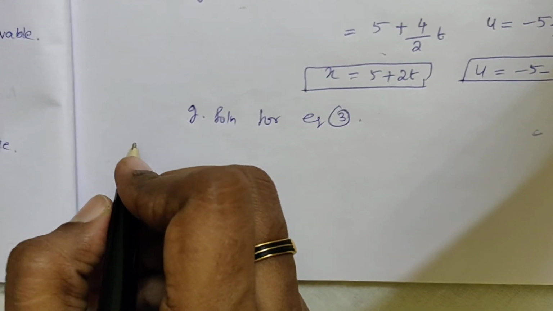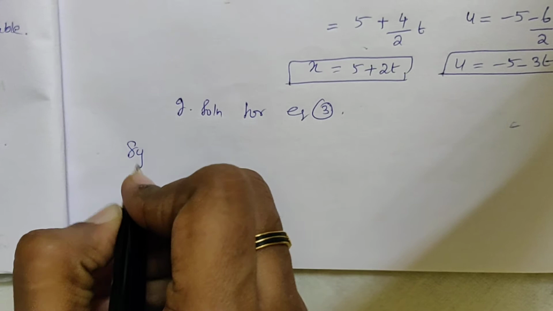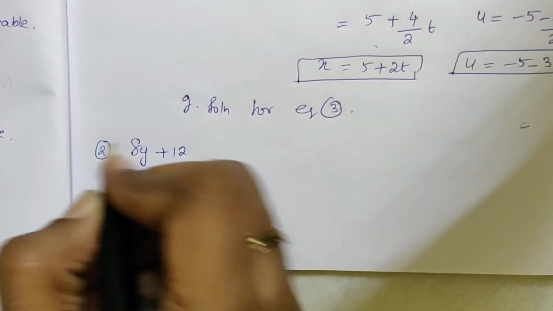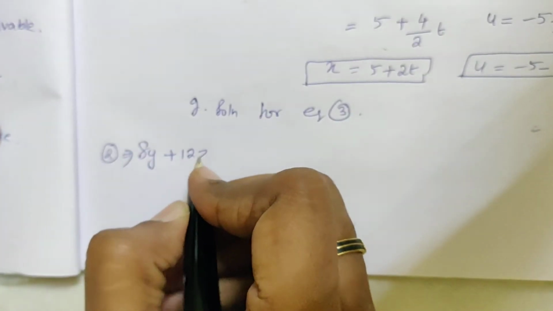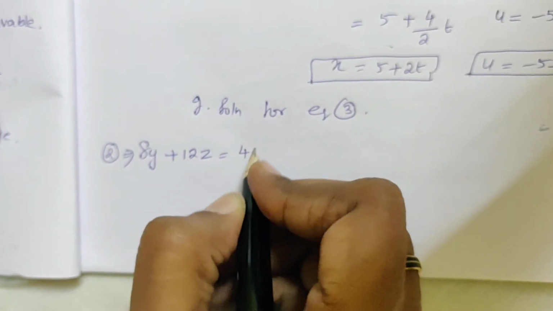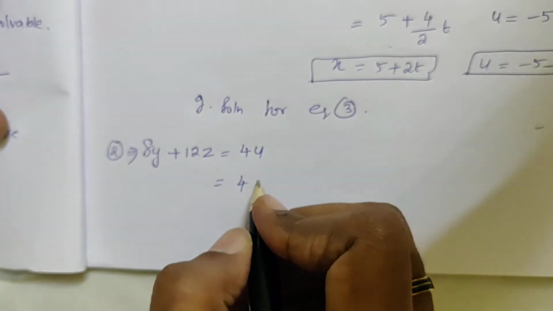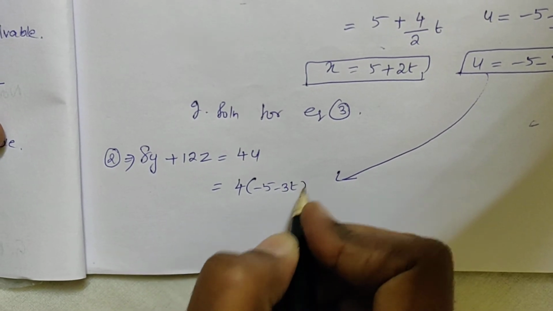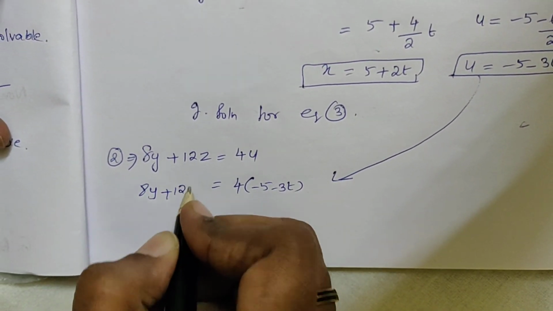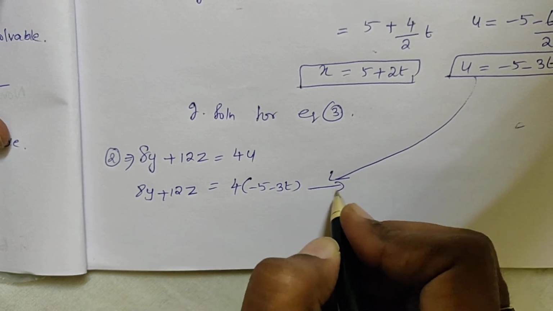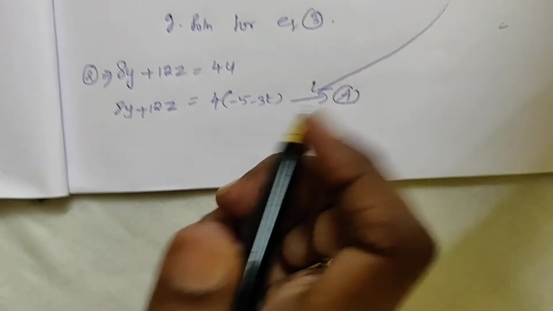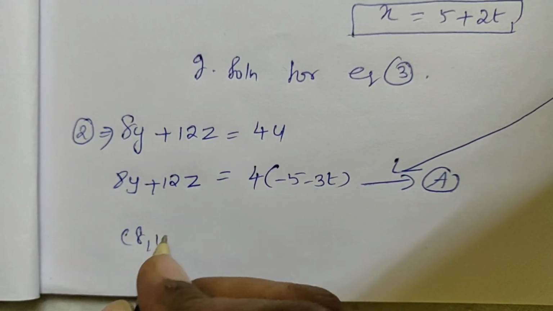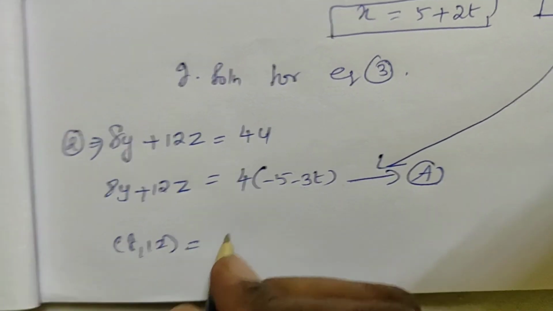Next we have to find out the general solution for the second equation, that is 8y plus 12z equal to 4u. For u, you have to substitute the value as minus 5 minus 3t. Okay, put this as equation number A. Now the GCD of 8 comma 12, already we found that value, that is equal to 4.